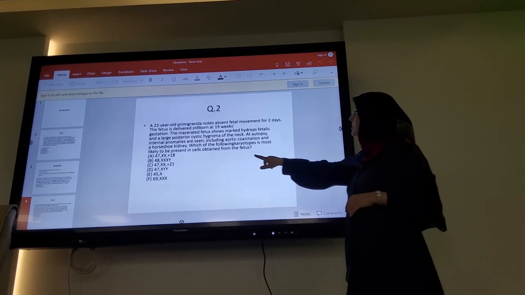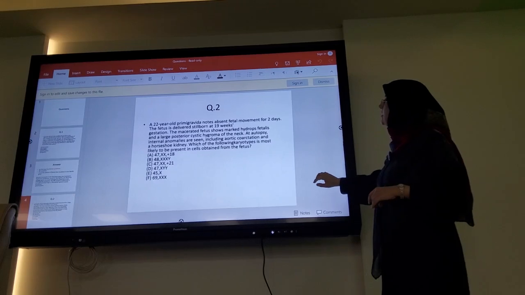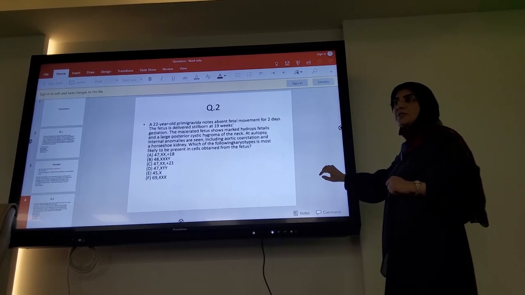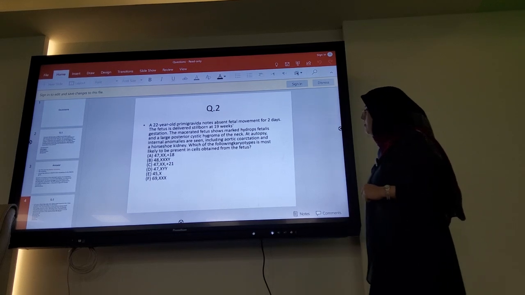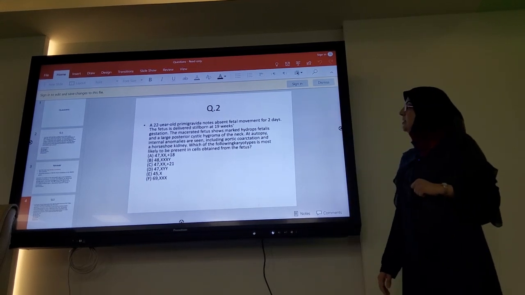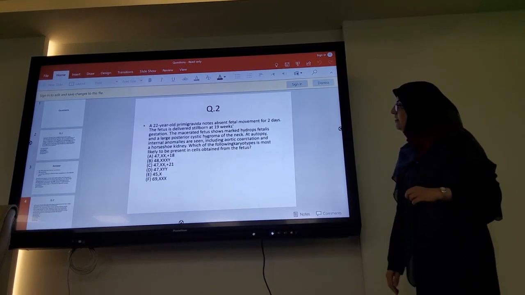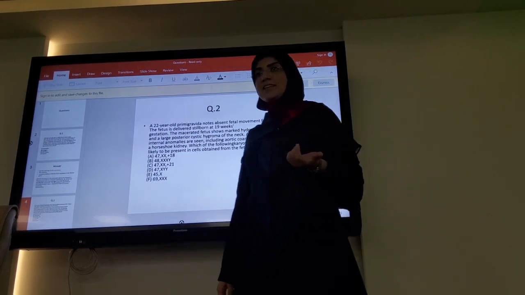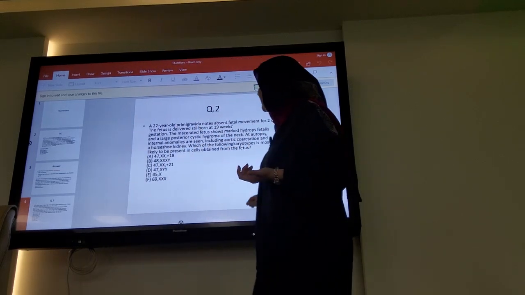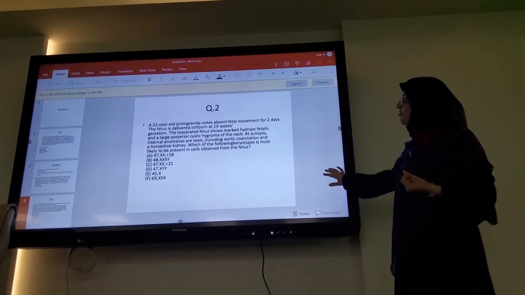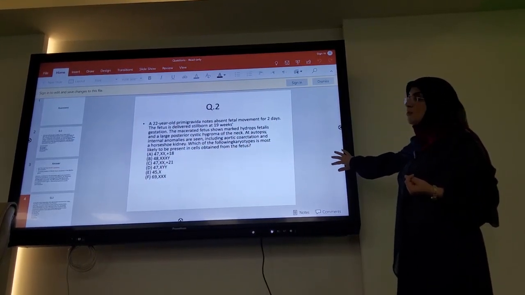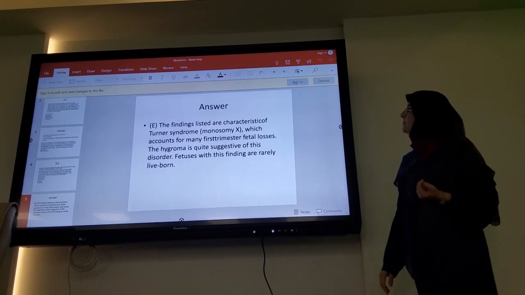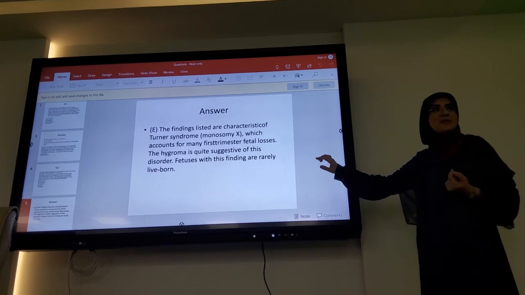At autopsy, internal anomalies are seen, including coarctation of the aorta, horseshoe kidney, 45XO. What's the disease? Turner syndrome.